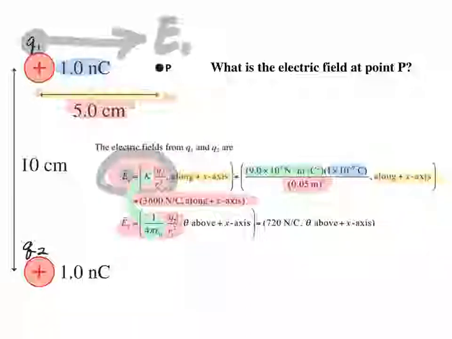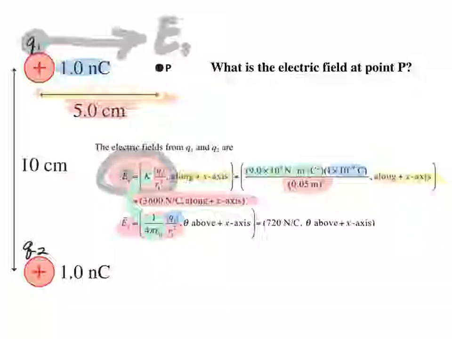But anyways, if we plug those numbers in, it's the same charge value, still 1 times 10 to the minus 9 coulombs, but this r squared will be a different value that didn't get shown here.